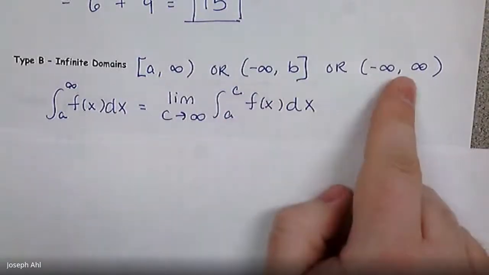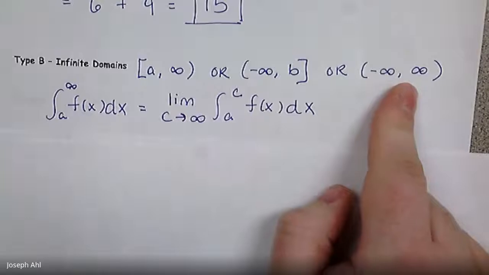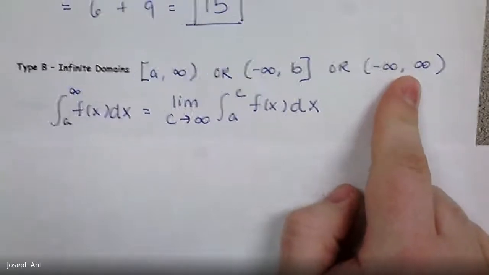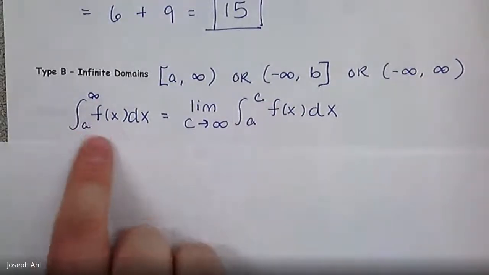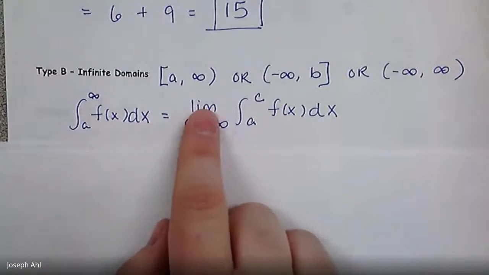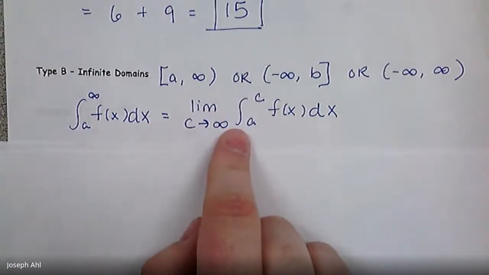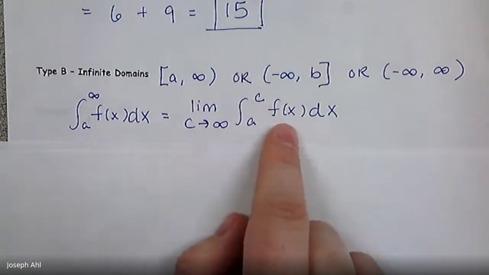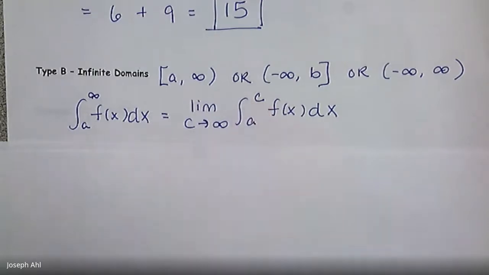Okay, and kind of in general here, if we have from a to infinity for some function, we're going to just take the limit as c goes to infinity this time. And if this limit exists from a to c of f of x dx, then we'll say that the overall limit does converge and that we have a finite area there.